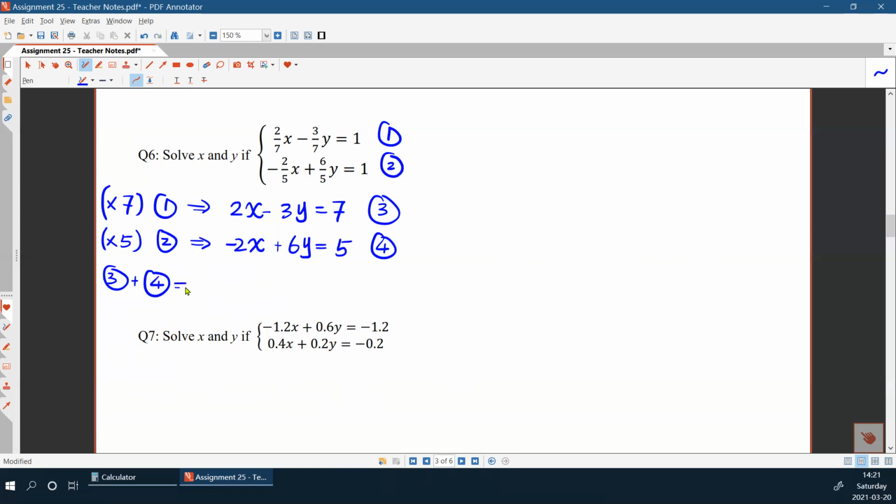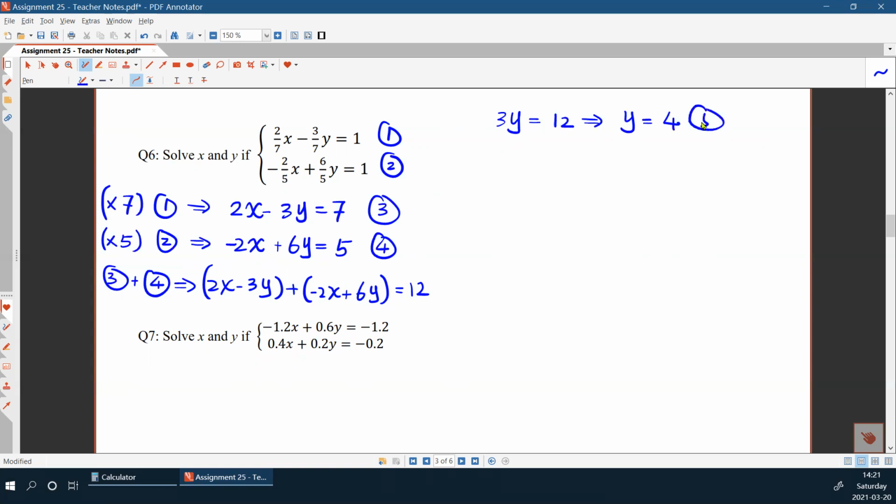Okay, so this will give you 2x minus 3y plus minus 2x plus 6y equals 12, right? Okay, 2x minus 2x, x can be eliminated. 6y minus 3y is 3y. 3y equals 12. That means y is 4, right?